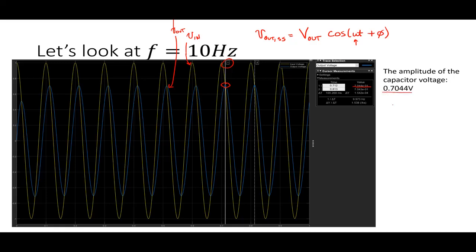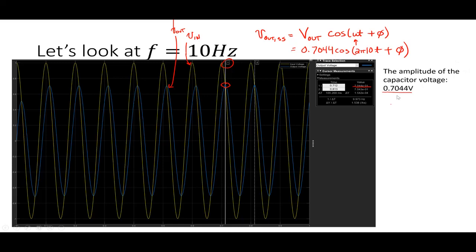So that tells me that V out, the amplitude, is 0.7044 cosine 2 pi 10 t, and we still don't know what phi is, but it's 0.7044 volts.